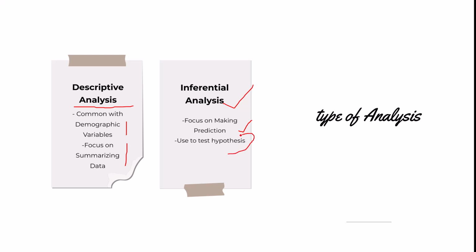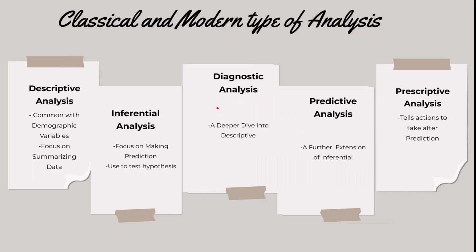In this modern era where we have large number of data, analysis can be classified under 5 different subsections. We have the descriptive analysis, the inferential analysis, we have the diagnostic analysis, which is a deeper dive into the descriptive analysis.